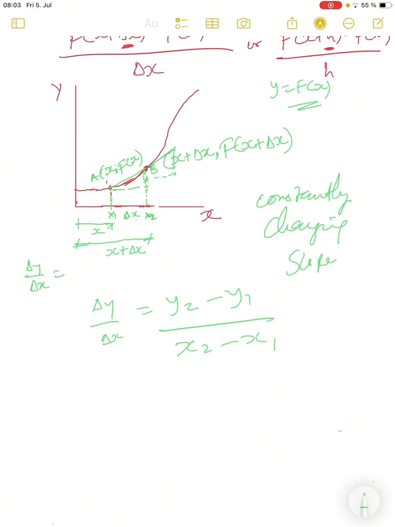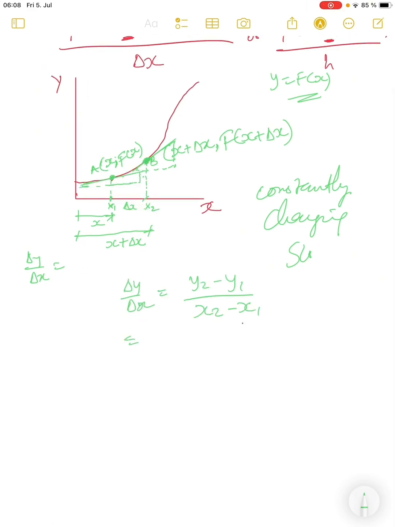We can do that by reducing this delta x, shrinking it to get to the point A. By that time, we have taken the slope, the limit as delta x tends to 0, and that's our derivative. Meanwhile, our delta y over delta x is the slope along the curve, which is also called the difference quotient.